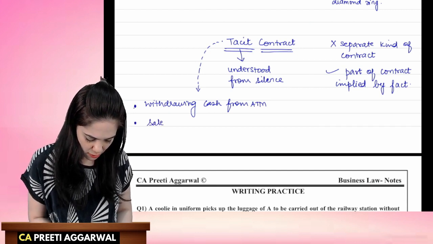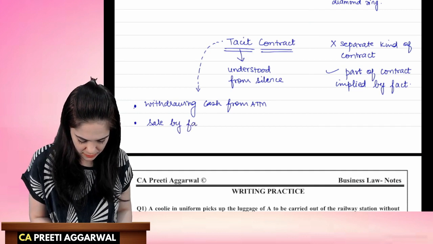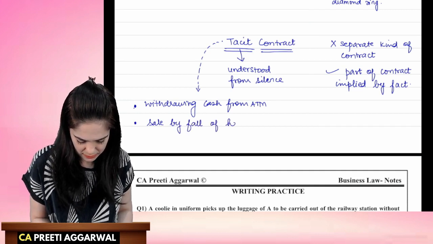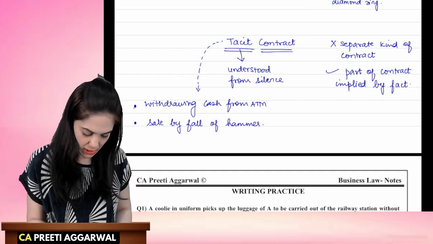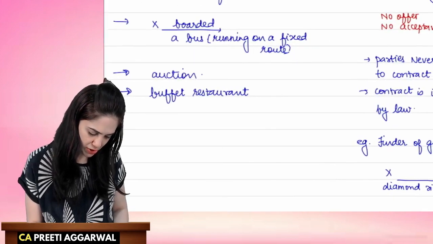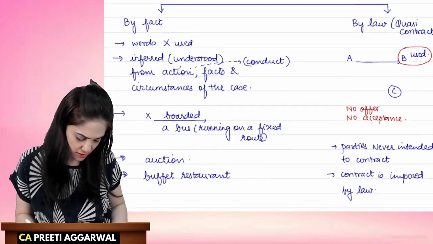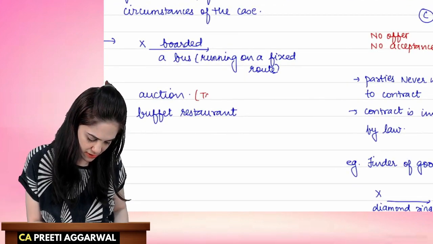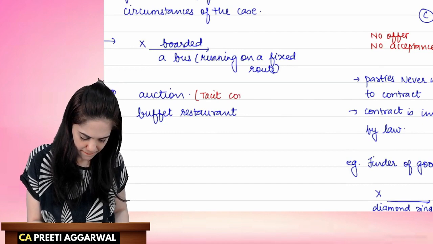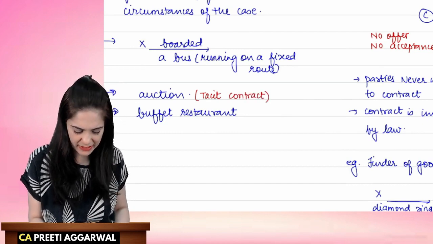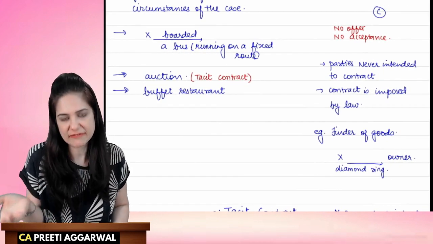Sale by fall of hammer. Over here also I mentioned auction because tacit is a kind of implied by fact. So you can write over here tacit contract, because tacit is not a separate kind of contract, it is implied by fact only.